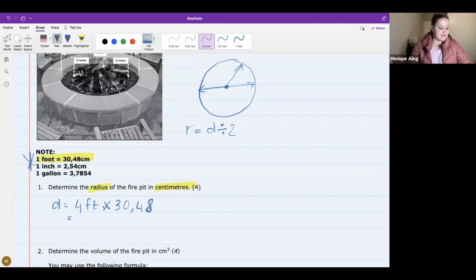And I see most of you did get this answer. Okay, so now we have converted the diameter to centimeters. Now we need to work out the radius. And as you guys said, radius is your diameter divided by 2.